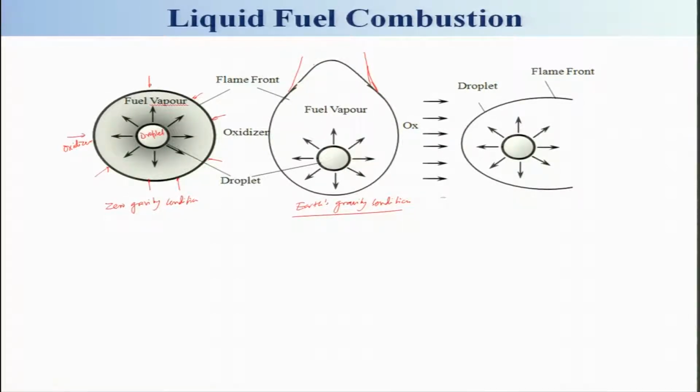And keep in mind that generally this will be a problem which is complex as compared to the zero gravity condition, isn't it? Because here the flame is symmetric in nature, whereas here also it is symmetric, but it is symmetric with respect to what? It will be along the vertical direction in this diagram, but not in the horizontal. And besides this, this elongated flame is coming because of buoyancy.